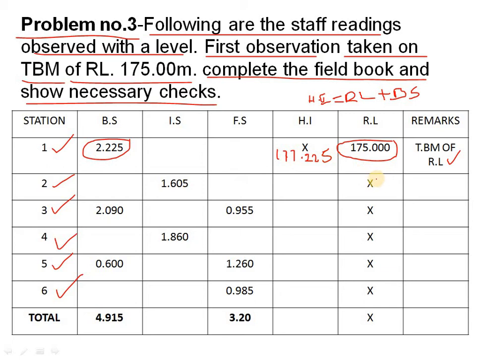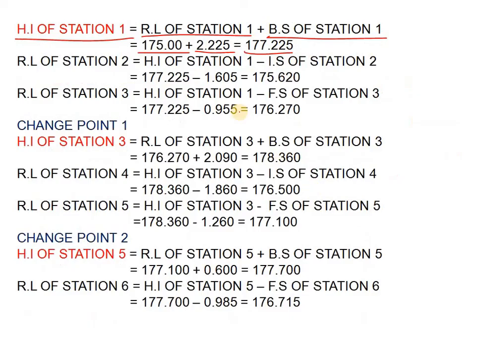Now to get the RL of station 2, what we have to write here? The same: RL of station 2 is equal to HI of station 1 minus IS of station 2, which is 177.225 minus 1.605.